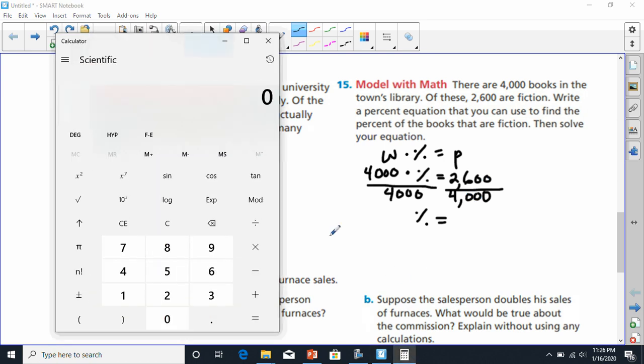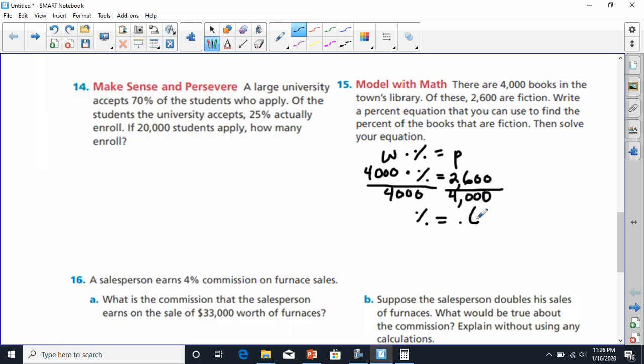Let's try it. That's going to give me 0.65. Remember, we're dealing with a percent here, so we've got to move that decimal over twice. So that's actually going to be 65%.